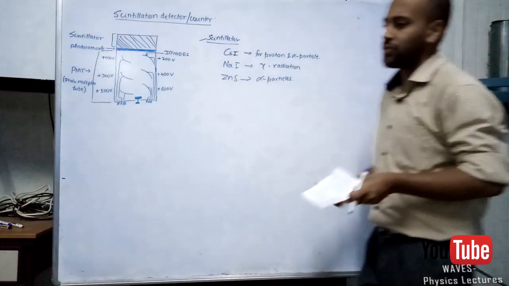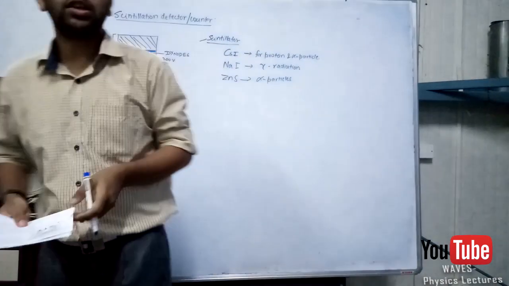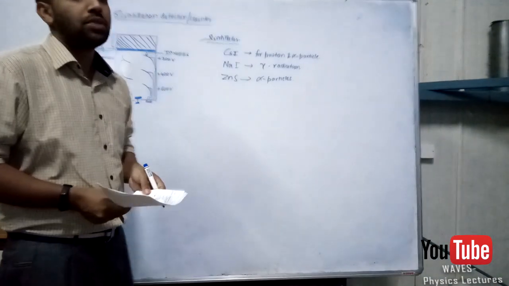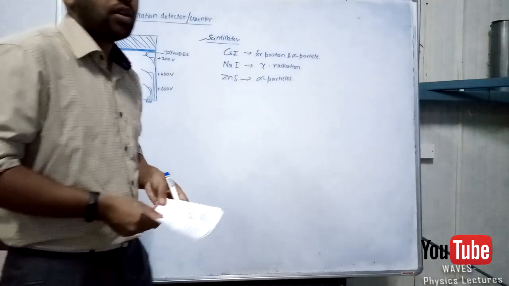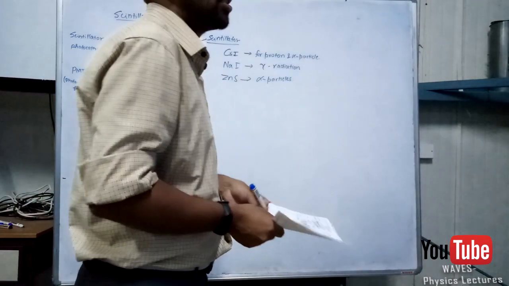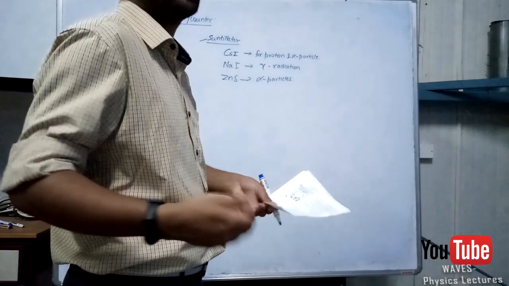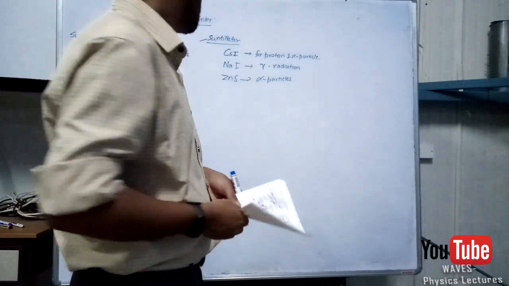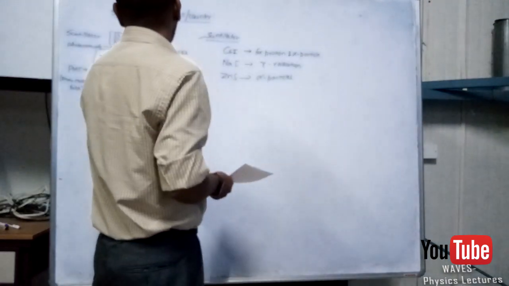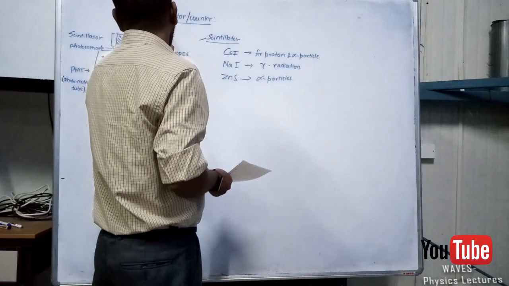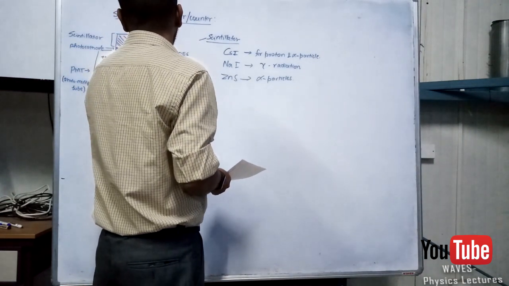So all of us are very much familiar with the photoelectric effect. We have got a metallic surface, and when some radiation falls on it, electrons are ejected. So what we have here is a scintillator, and we have got radiation coming in.